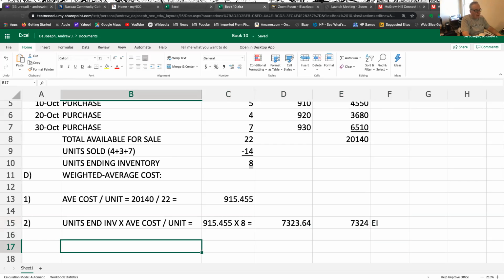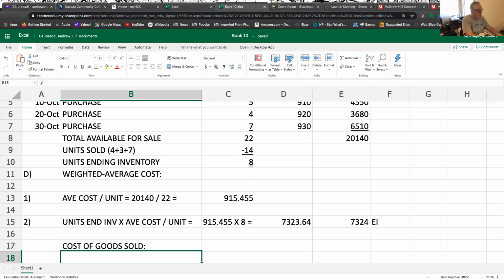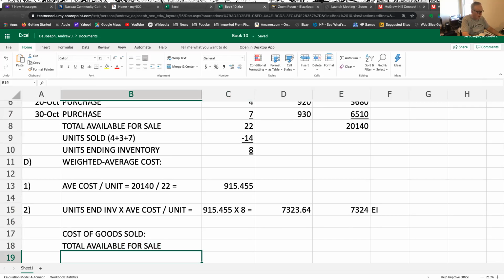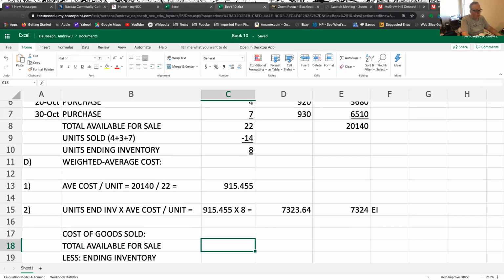Now, how do I calculate cost of goods sold? Right? Cost of goods sold is total available for sale minus, or less, ending inventory. So what's the total available for sale?